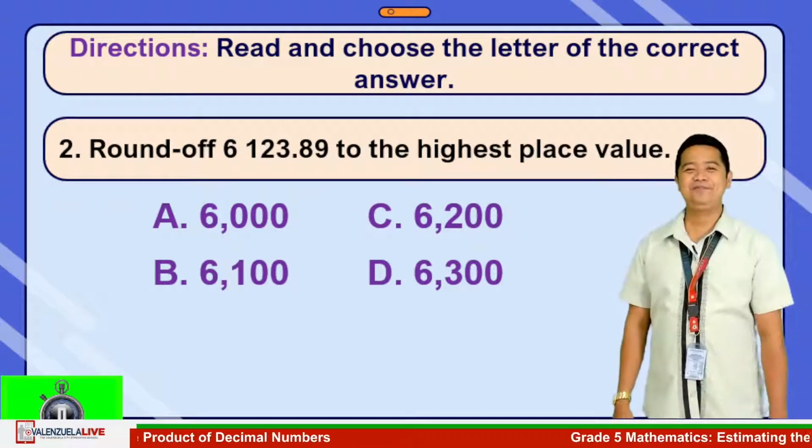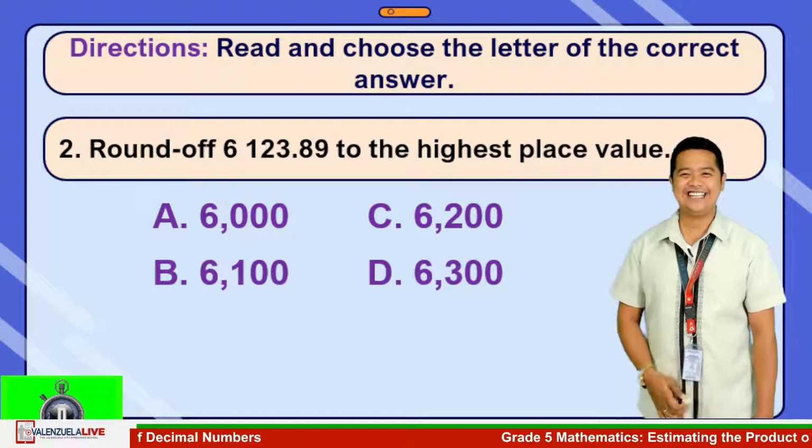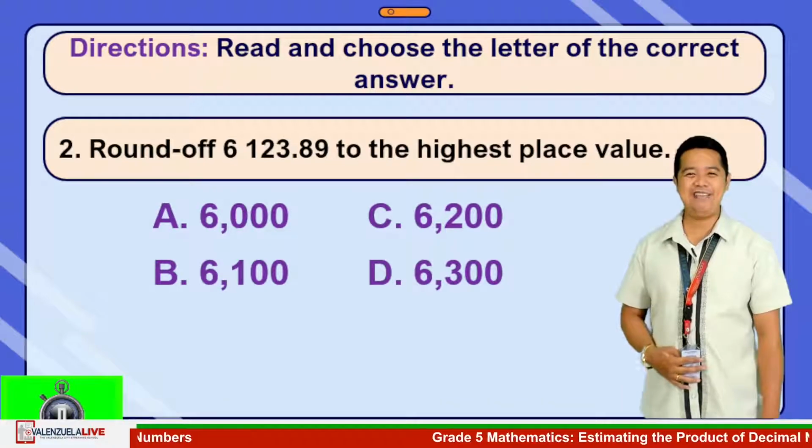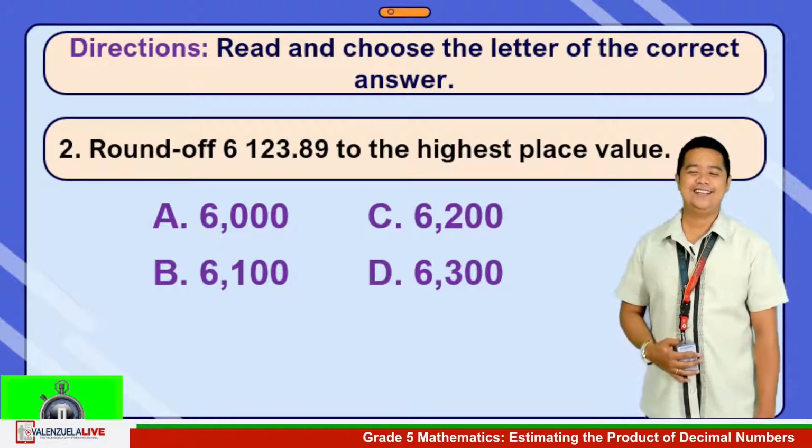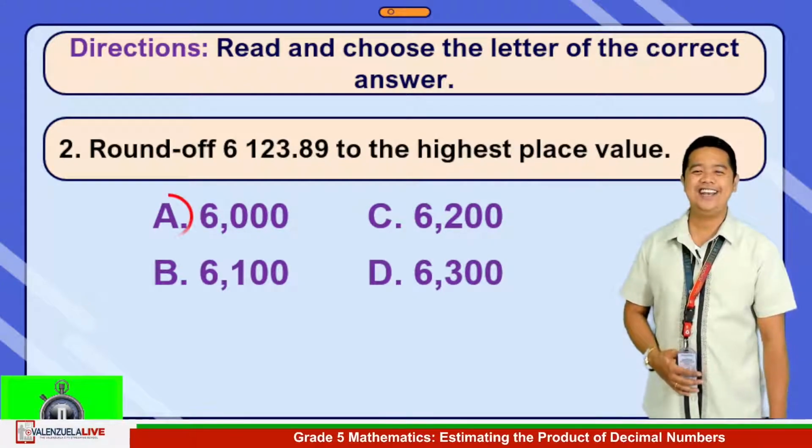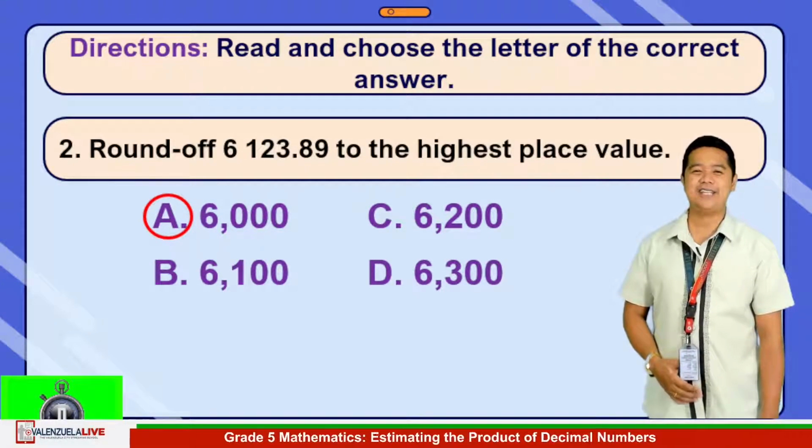Okay, time's up. What is your answer? Is it letter A, B, C, or D? The answer is letter A, 6,000.